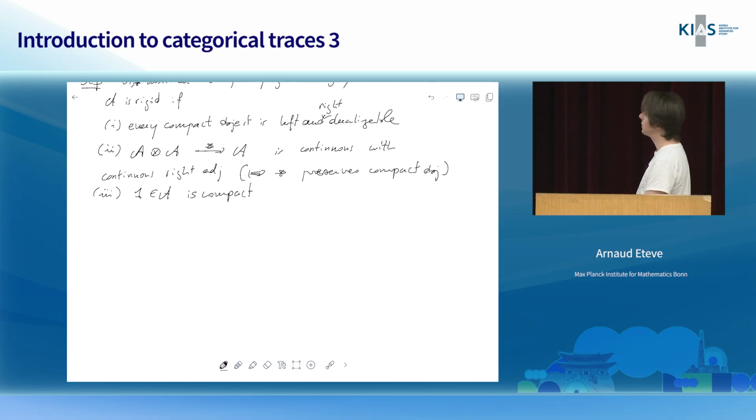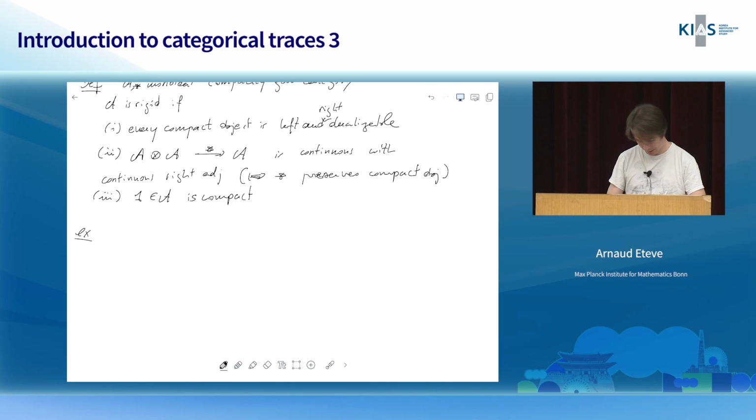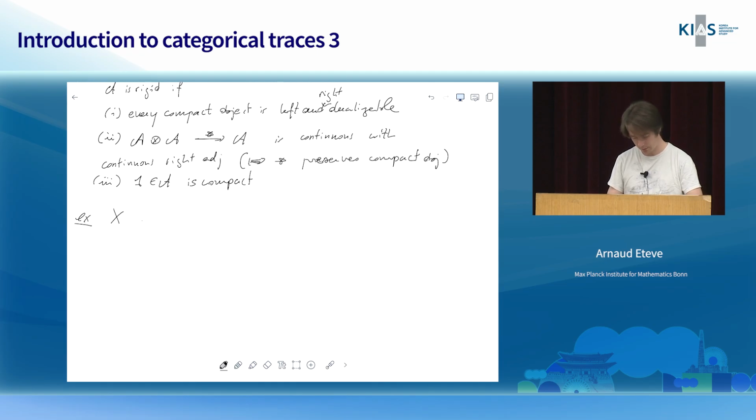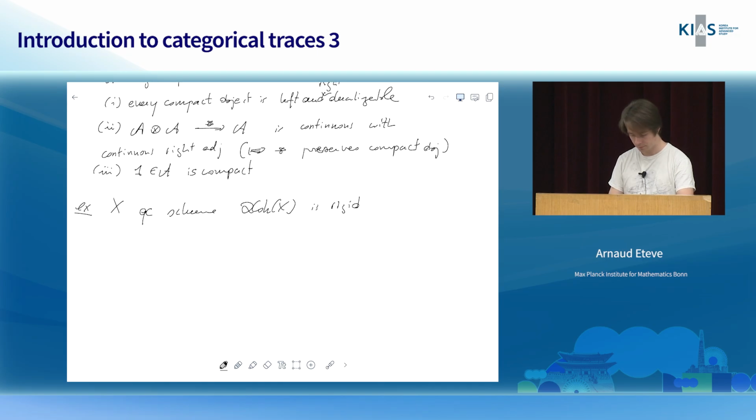Okay, and so all of the examples, or almost all of the examples I looked at so far of monoidal categories were rigid. An example of such: you take X to be a quasi-compact scheme, then QCoh on X is rigid, or you can take H, the Hecke category as before, the free monodromic.